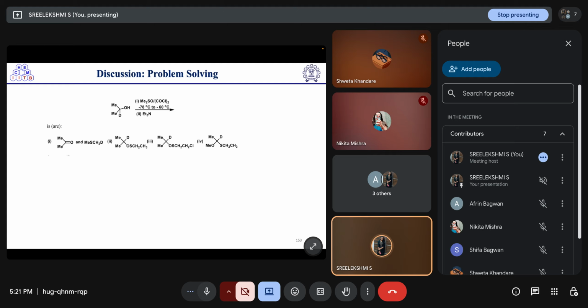We have to see the temperature also. It is maintained at minus 78 degrees Celsius to minus 60 degrees Celsius. If for an oxidation condition the temperature is correctly maintained, the formation of side products will be less. So which would be the correct answer for this?